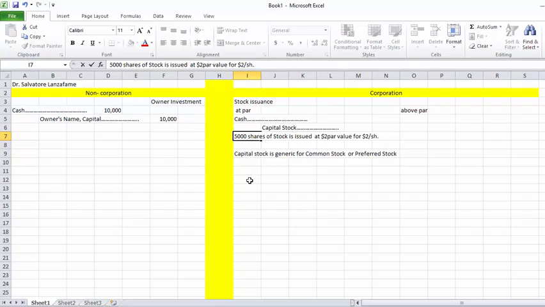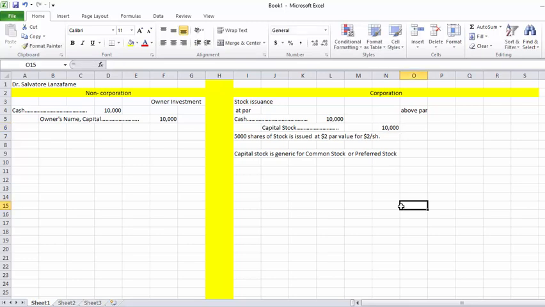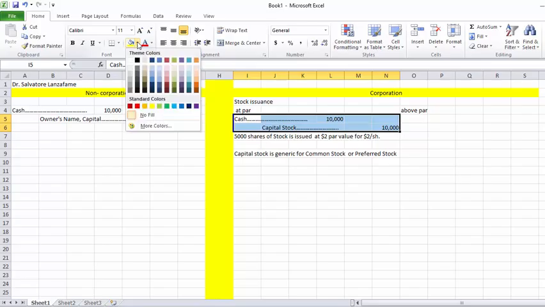So the stock is valued at $2 par and we're issuing it at $2 per share. So this stock is being issued at par. If you just go 5,000 times 2, we're going to end up with $10,000 again. So that would be the first journal entry under a stock issuance situation.